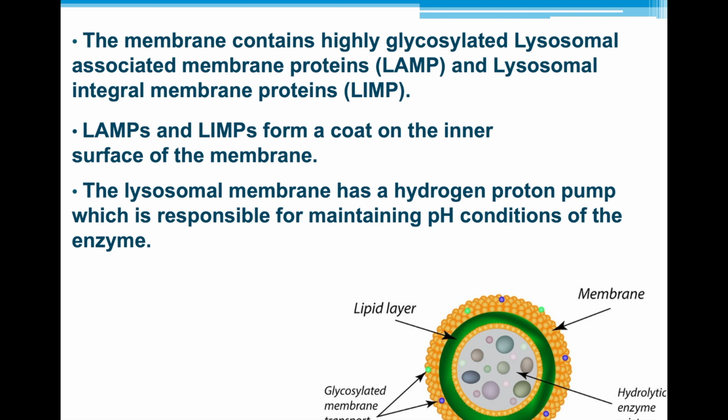The lysosomal membrane has a hydrogen pump which is responsible for maintaining pH conditions of the enzyme. The acidic medium is maintained by the proton pump that pumps hydrogen ions inside the lumen and ensures the functionality of the lysosomal enzymes.